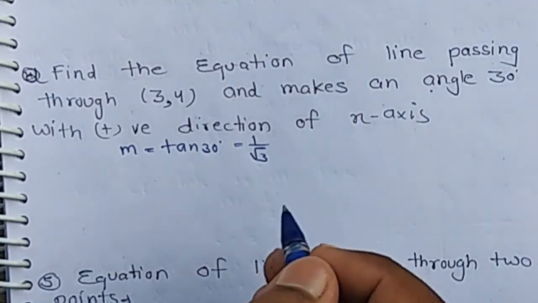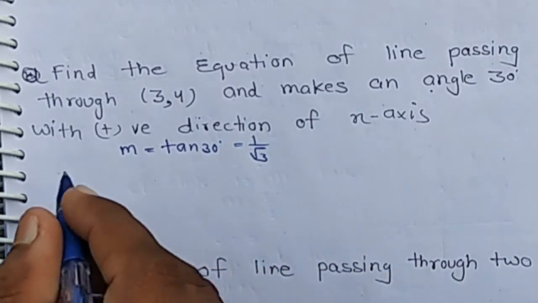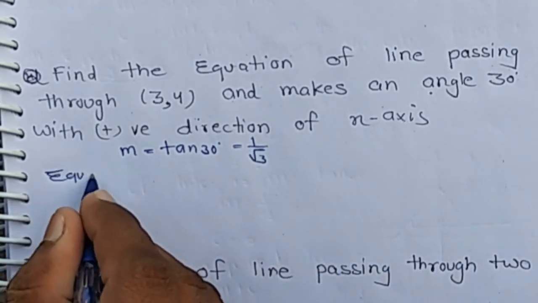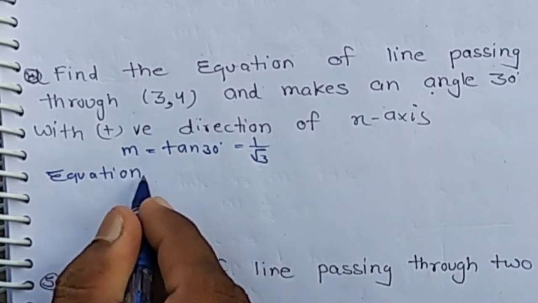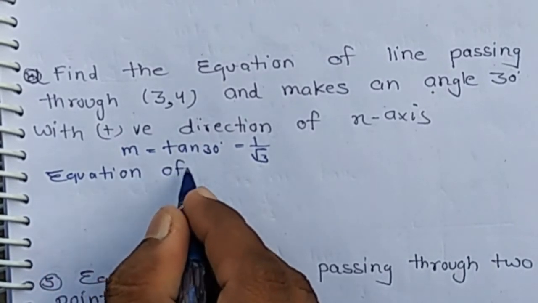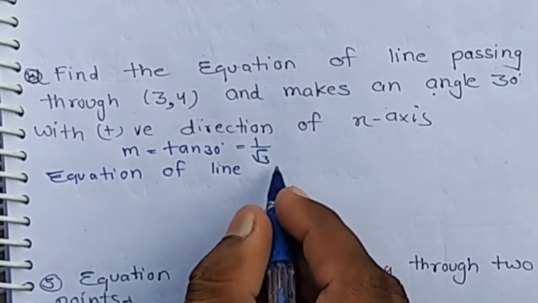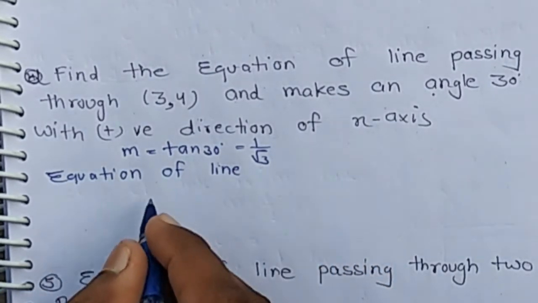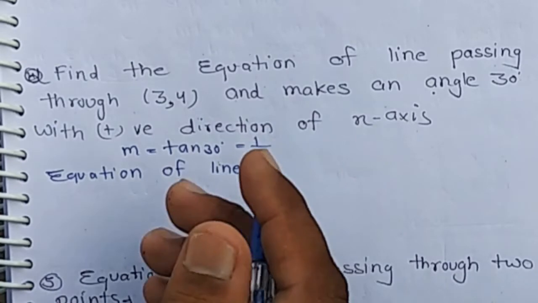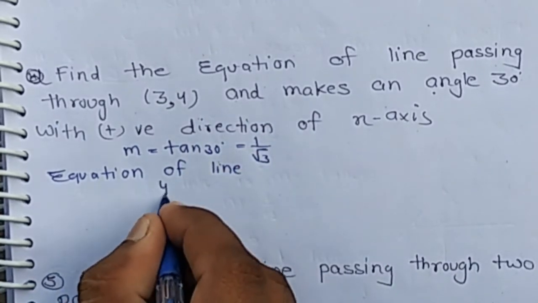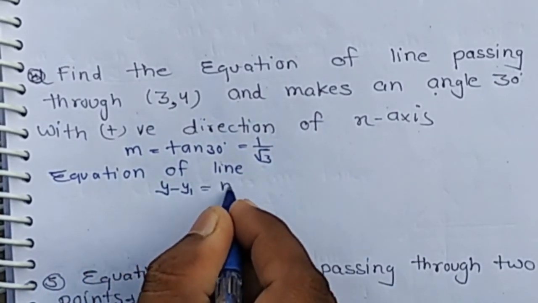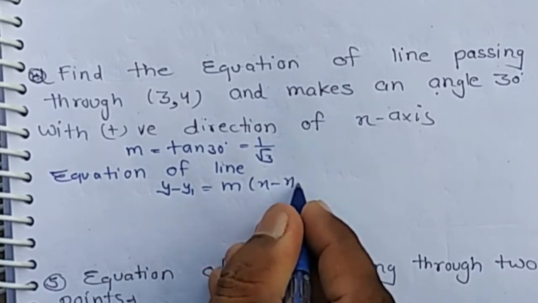The equation of a line passing through a point with slope m is y minus y1 equal m times x minus x1.